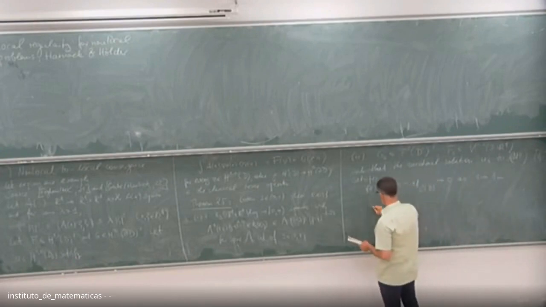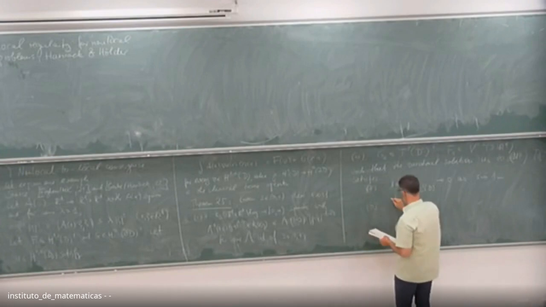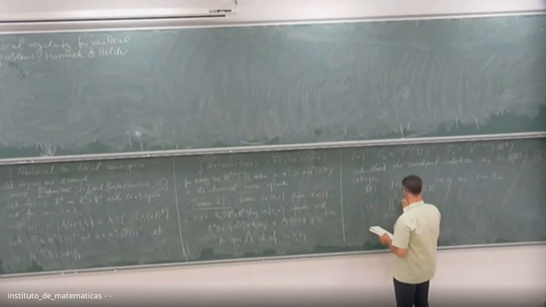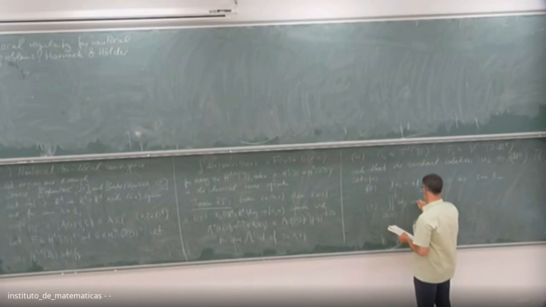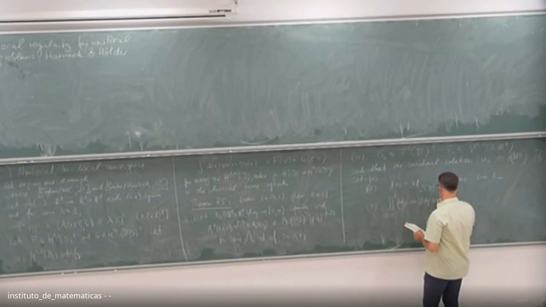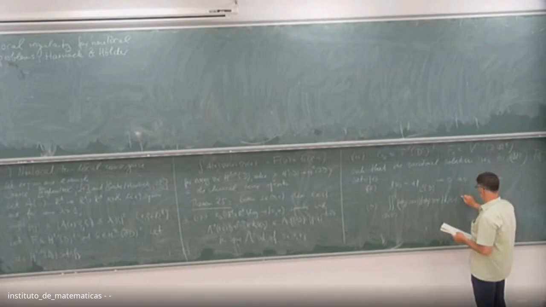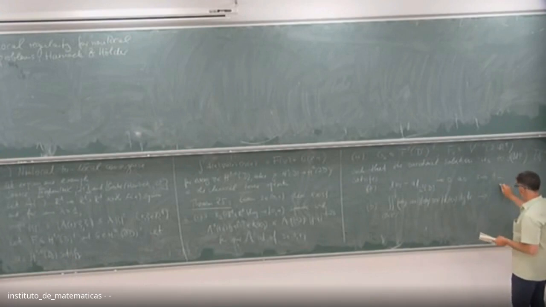And B, we get convergence of the energies, let's say of the bilinear forms, to the local bilinear form.